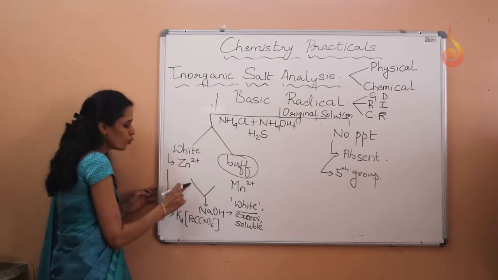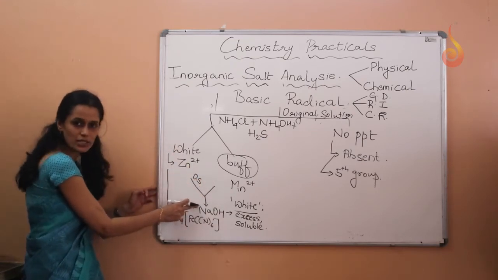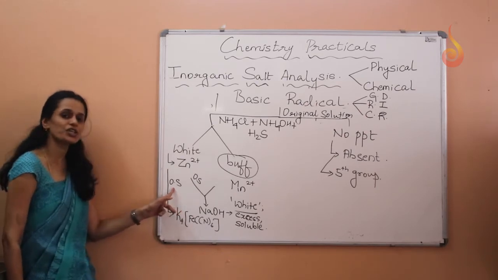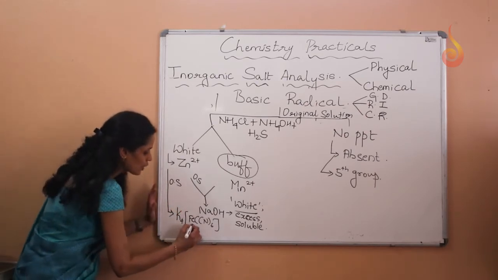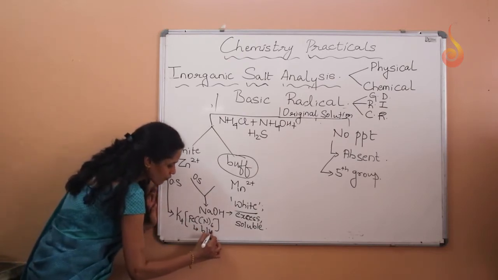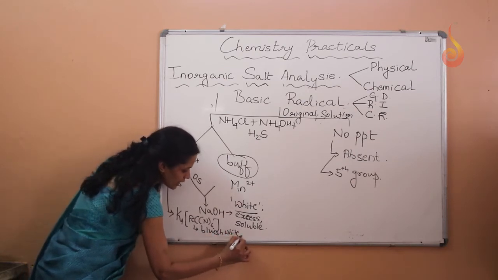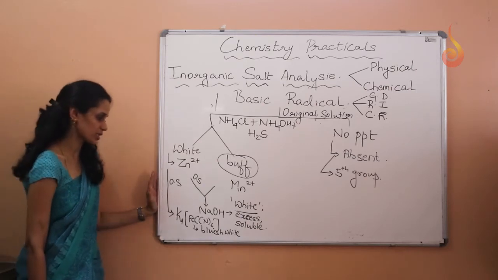So one test is original solution with NaOH solution, and another is original solution with potassium ferrocyanide solution. After adding potassium ferrocyanide solution, we get a bluish white colored precipitate.